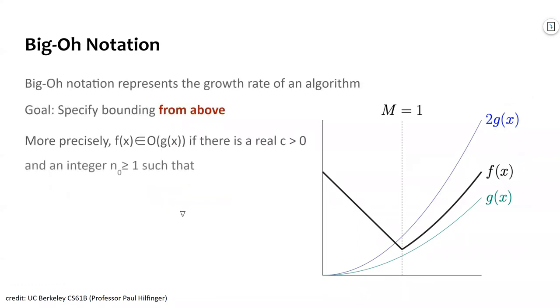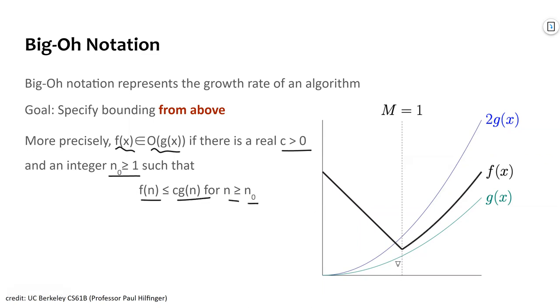So more precisely, we say that f(x) is inside the big O family of g(x) if there is a real number c larger than 0 and an integer n0 larger than 1, such that f(n) is always smaller than c times g(n) for n larger than n0.